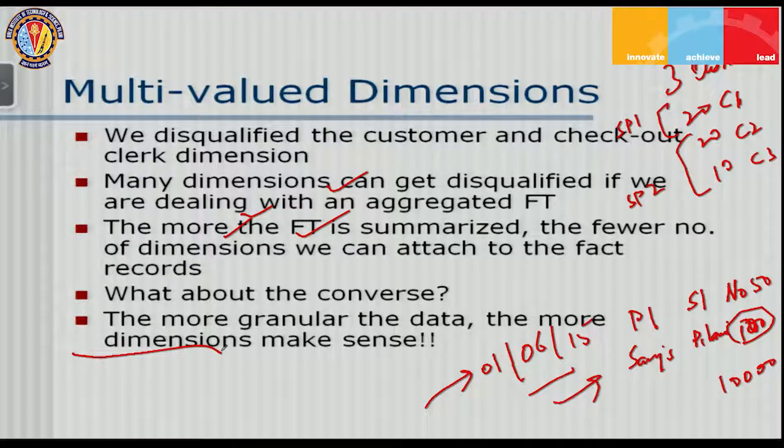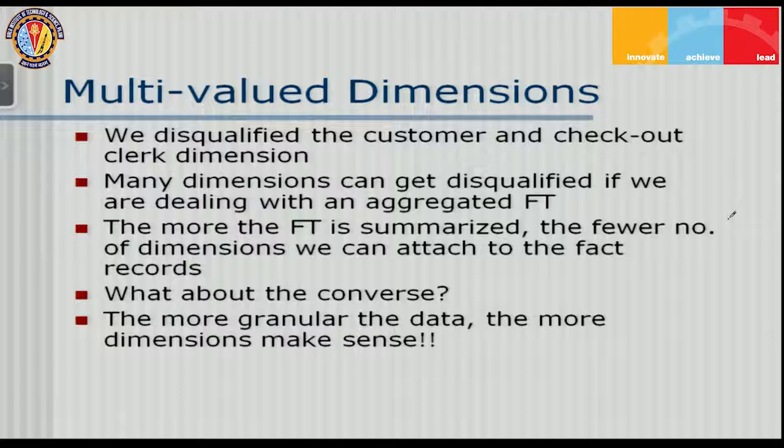One solution is that we disqualify the customer and checkout clerk dimension, or the salesperson dimension. We say that since they are multi-valued for one record of the fact table, I don't want to include them. As a result, many dimensions can get disqualified if you are dealing with an aggregated fact table, right?